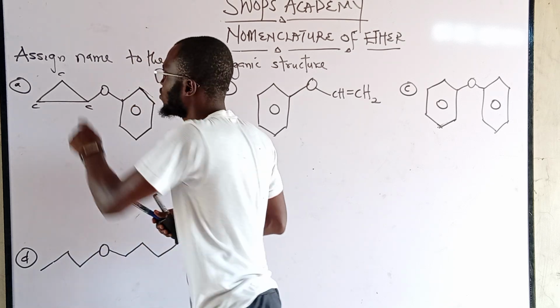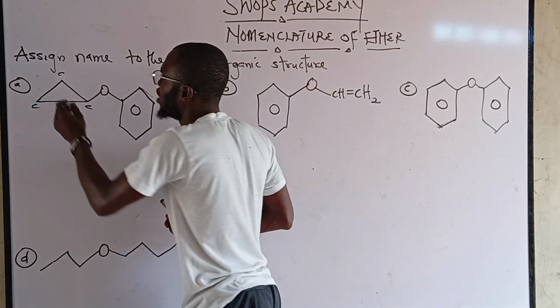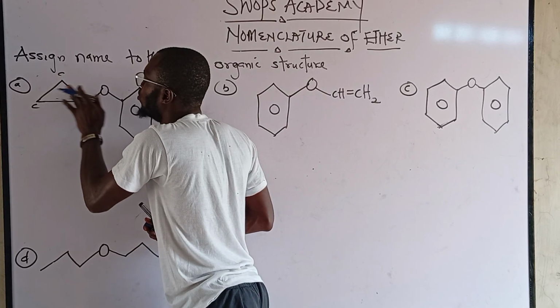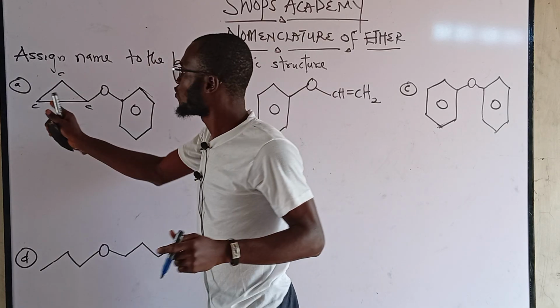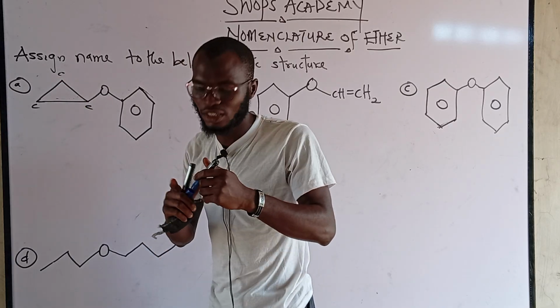Are we together? But as far as this is concerned, we have single bonds inside here. What do we mean by single bond? There is not anything like this. It is not a double bonded molecule. All are single, from this carbon to this carbon. They are bound in a single manner.